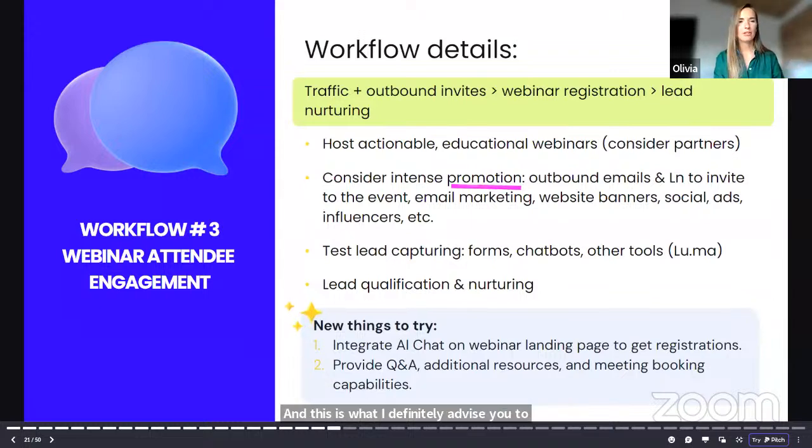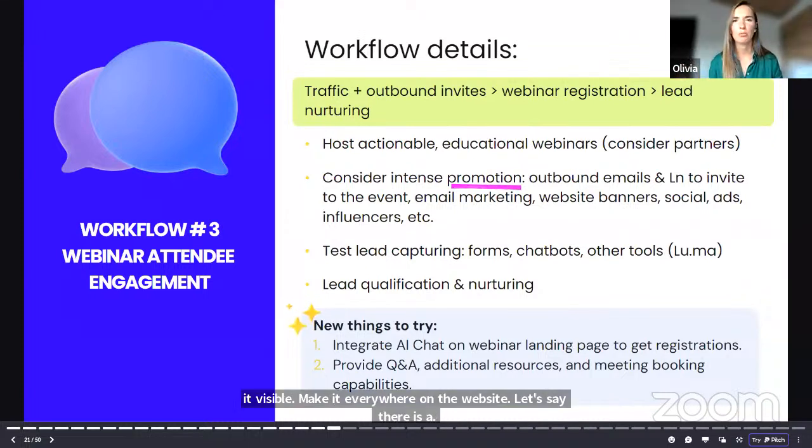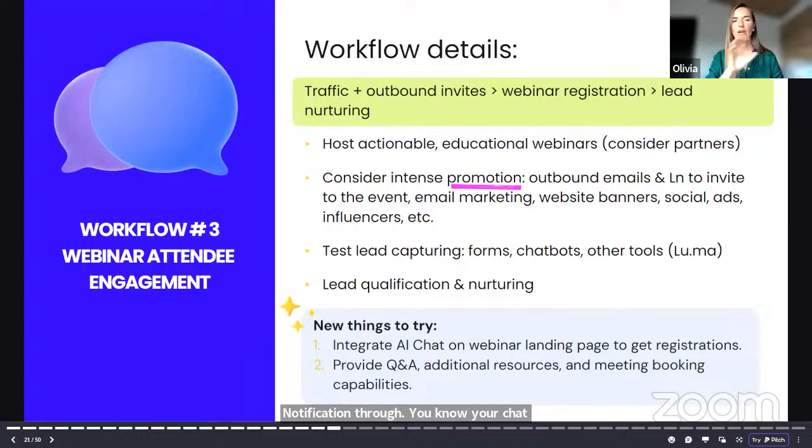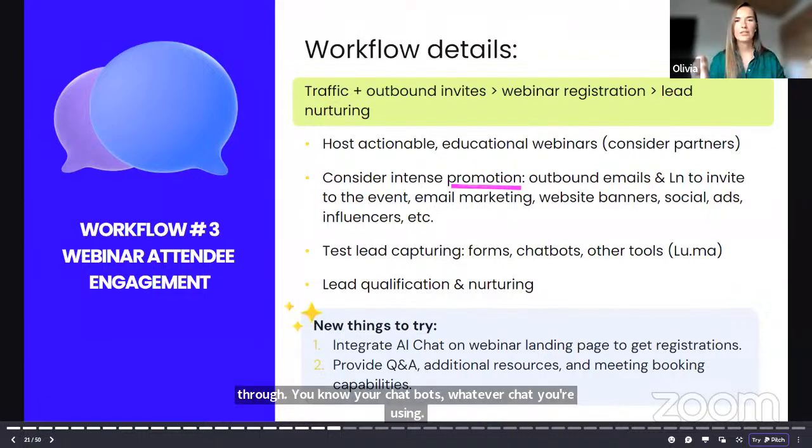So once we have traffic and outbound invites, this is very important. This is about the promotion of the webinar, right? Once we have a webinar, we make it visible, everywhere on the website. Let's say there is a notification through your chatbot, whatever chatbot you're using. There are some banners on the website.